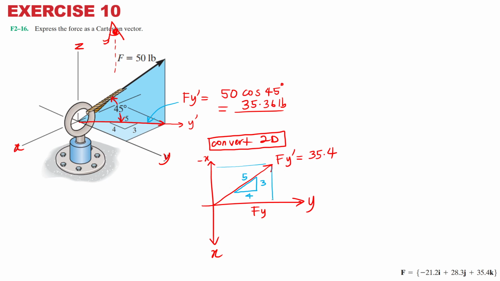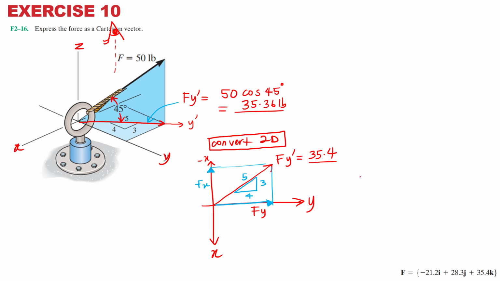So actually, Fy is this value up until here. This is your Fy. This will be your Fx, but it is in the negative component since it is the other way around.